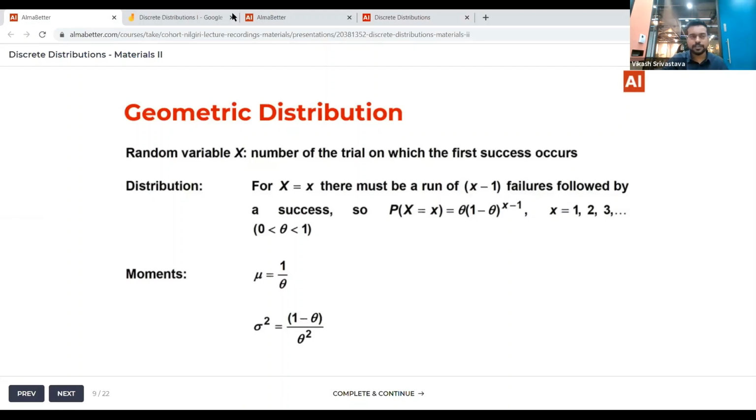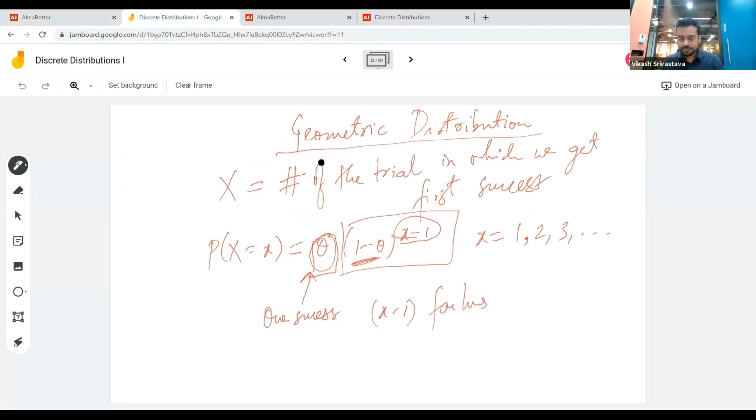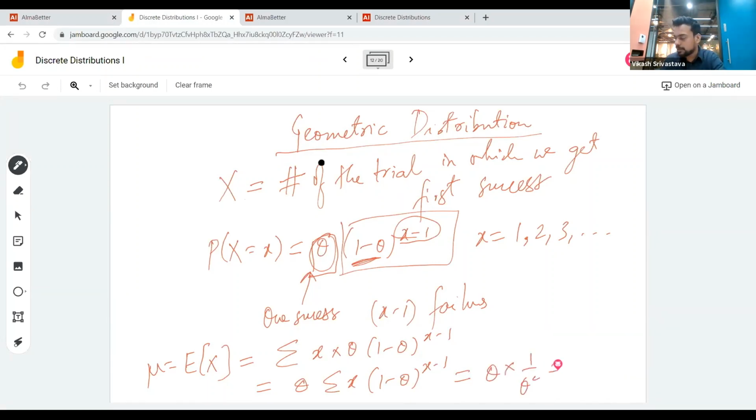It's pretty trivial. So the expectation of x, or what we also call mu, can simply be calculated as the sum of x multiplied by theta times (1 minus theta) to the power x minus 1. You can take theta out and do this summation, and you'll find that mu will be equal to theta times 1 by theta squared, that is, 1 by theta.